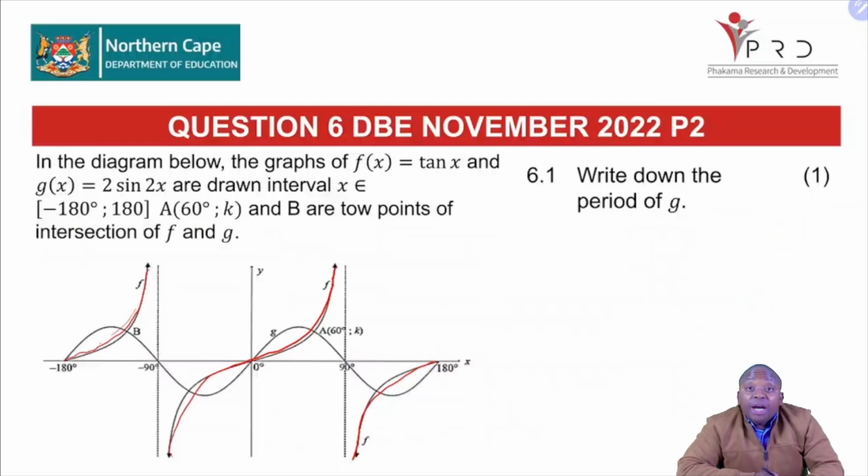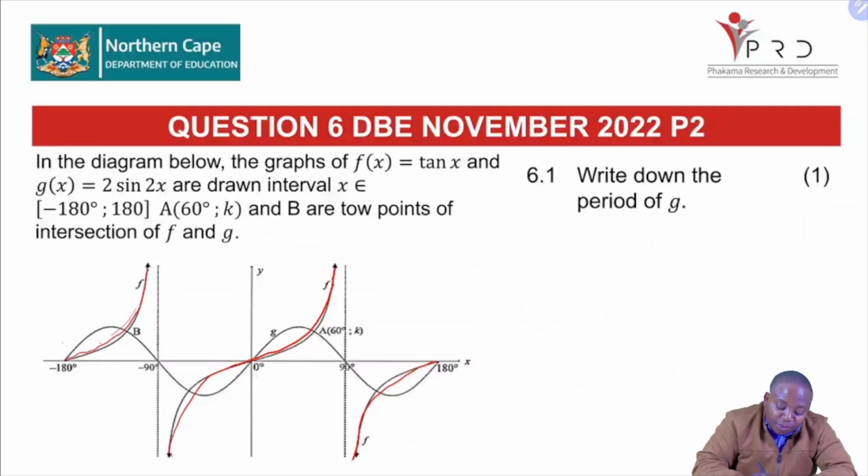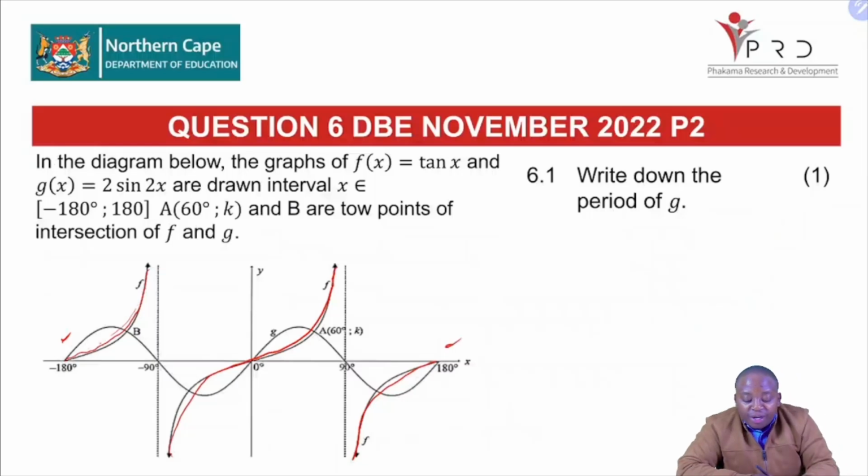And g of x is equal to 2 sine 2x. So it's a sine graph, as you can see there, drawn within the interval where x is an element of negative 180 to positive 180. And we have A, which is 60, and K, B are the 2 points of intersection of f and g.